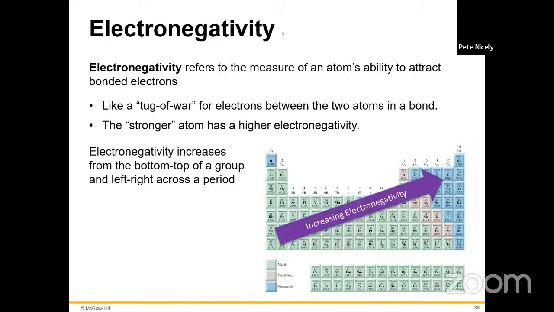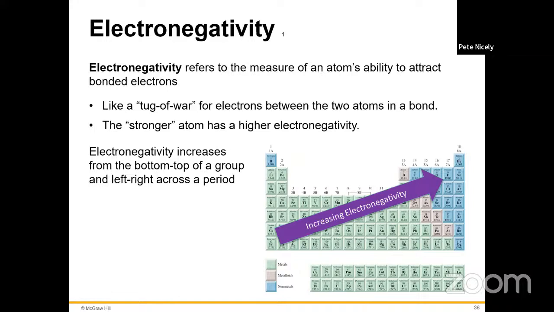So one more thing I need to talk about before we end today's class. Electronegativity, a very important quantity. It is basically a measure of an atom's ability to attract shared electrons, or electrons that are part of their bond, right? So it's kind of like a tug of war that both atoms sharing electrons will have.